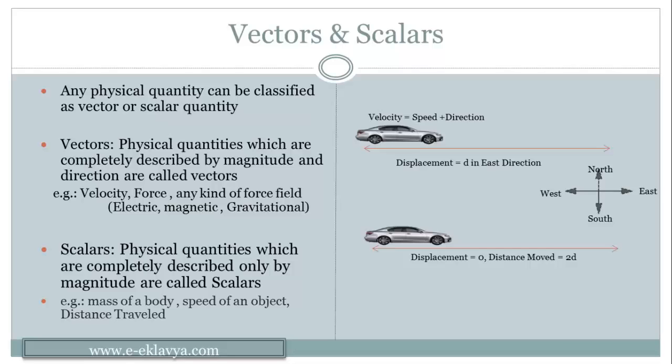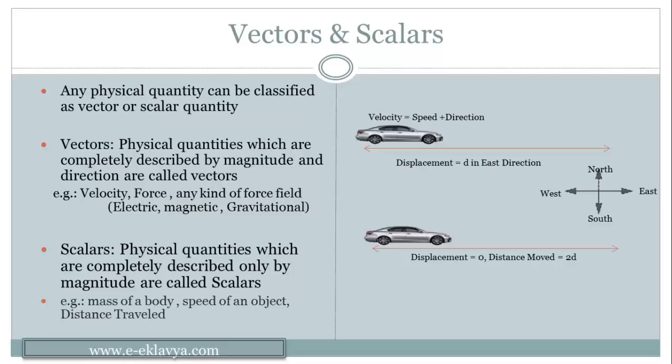So 10 completely describes the physical quantity distance. That is a scalar because we can completely describe distance by only its magnitude. We don't need the sense of direction here, right?